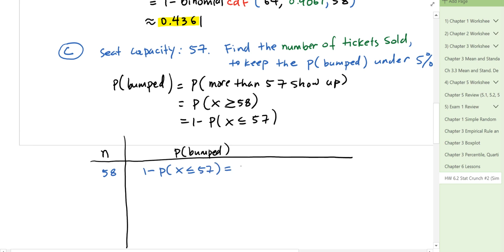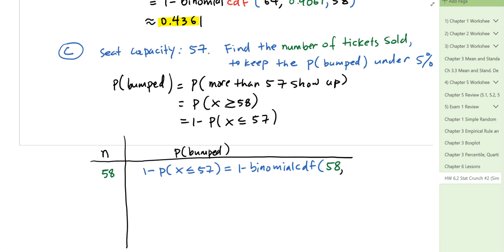And that's just binomial CDF. So 1 minus binomial CDF with n equal to 58. Let me use a different color, 58 here. Again I'm varying n here, because I'm looking for n.